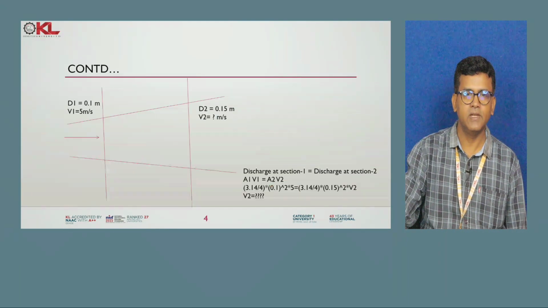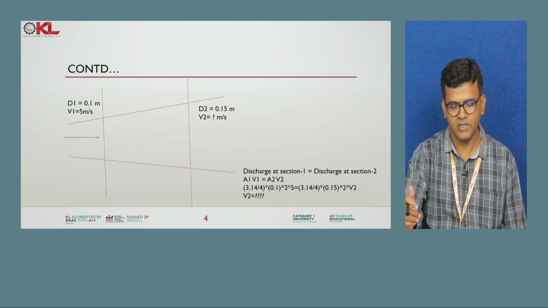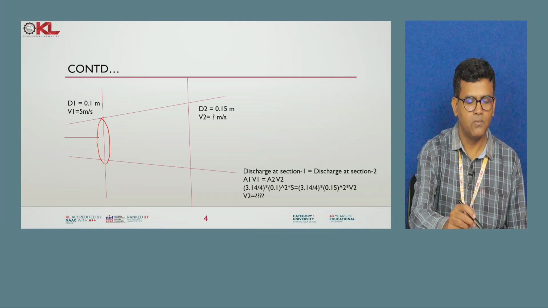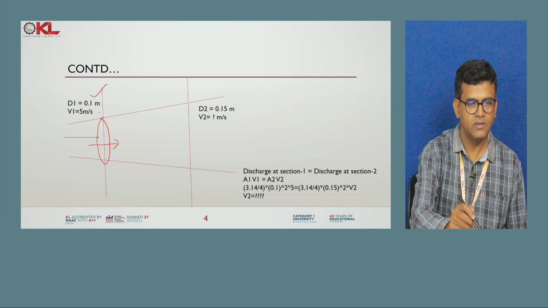Now we are moving to the next one. This is one example given in terms of a problem for the continuity equation. This is the pipe. The diameter of the pipe at section 1 is 0.1 meter and the velocity is 5 meter per second.